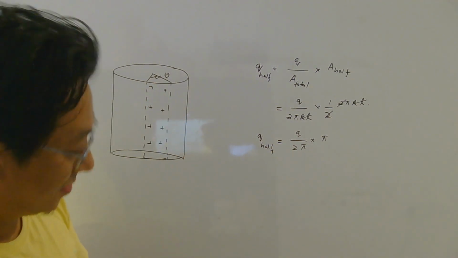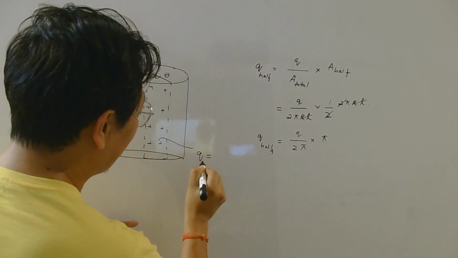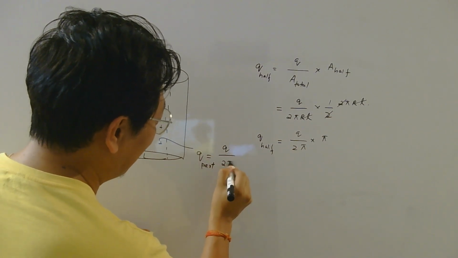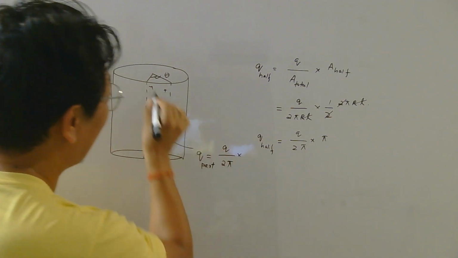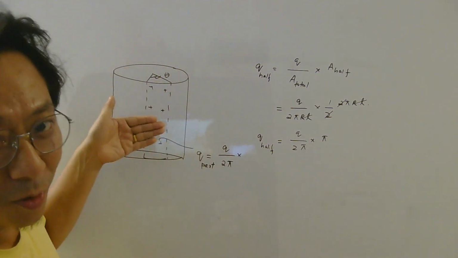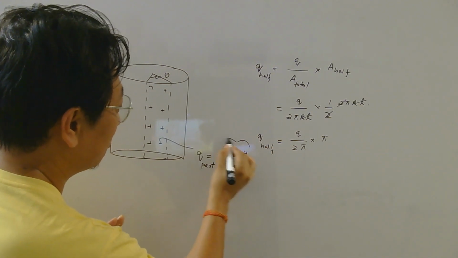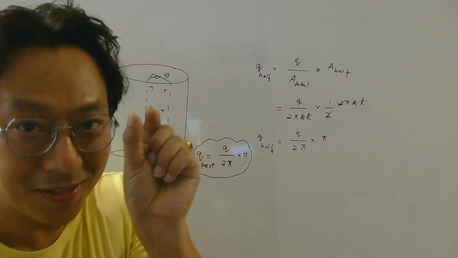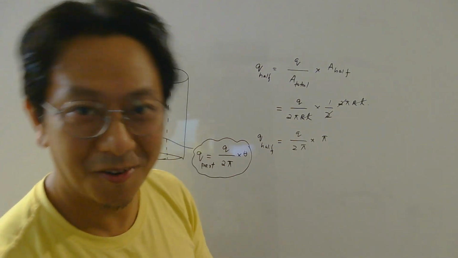Then the charge on only this part will be obviously total charge by the angle in which it spreads when you see from the top view, into the angle for which we want to know the charge, and that angle here is theta. So this way, if you try to remember how to find charge on a cylindrical surface, it will be more efficient and faster.